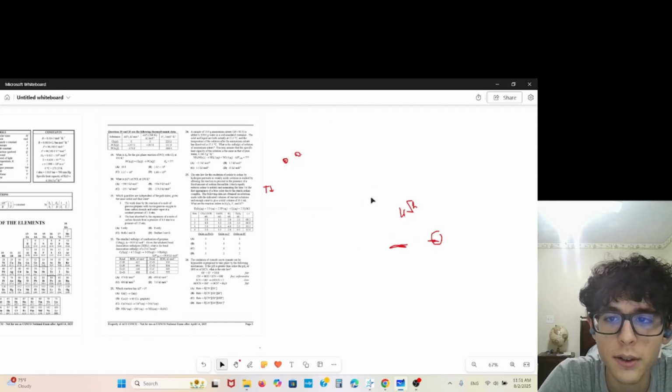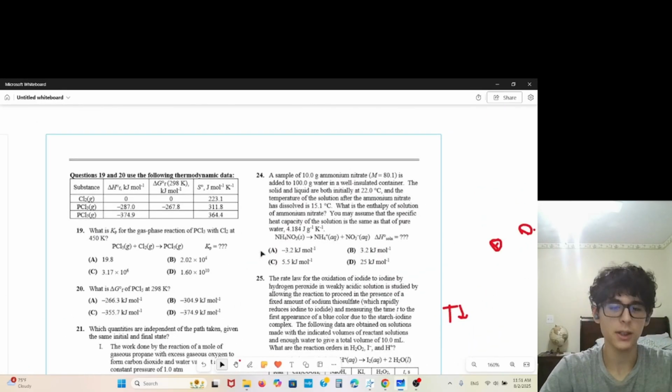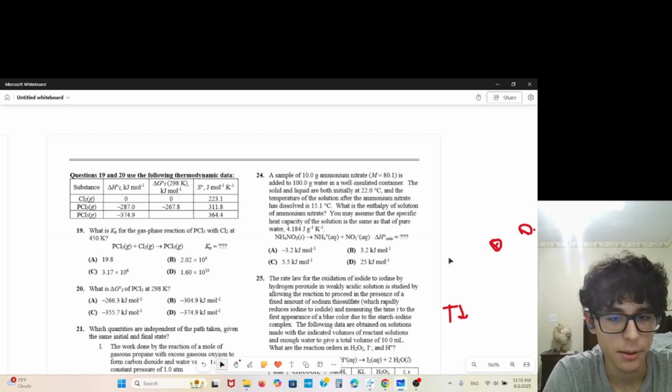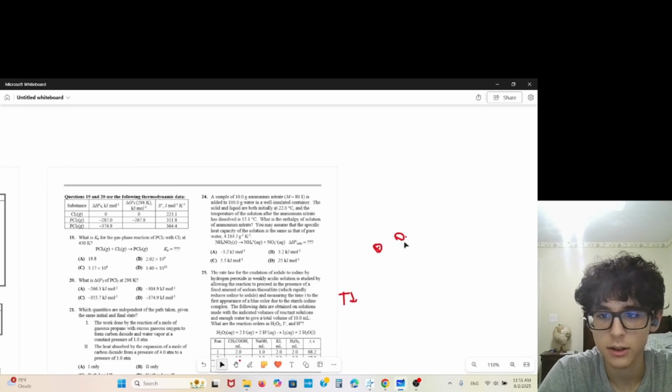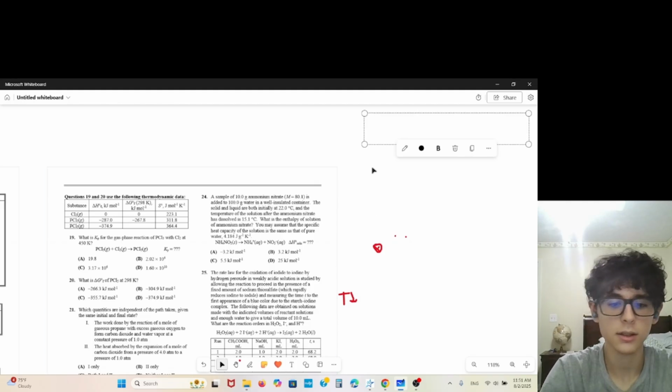Okay. So for this, you're gonna want to do a calculator expression, right? So follow me based on what I write on this calculator. First, what you're gonna want to do is find delta G, right? So I'm gonna write down this formula for you guys.